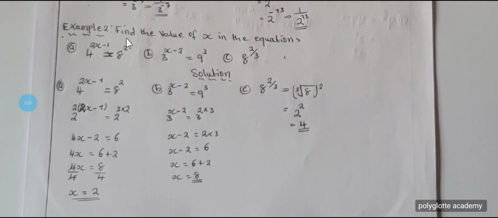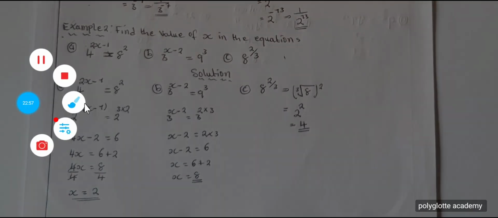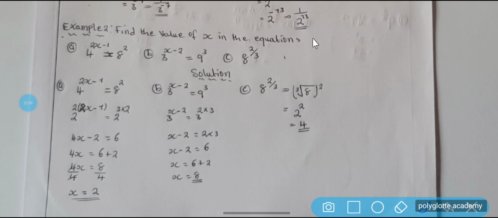So we have example 2. Find the value of x in the equation. We have 4 to the power 2x minus 1 equal to 8 to the power 2.